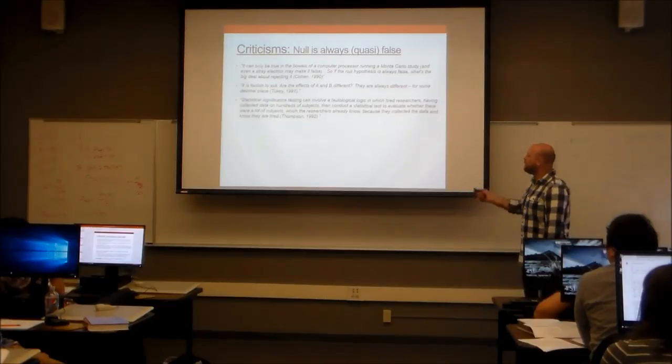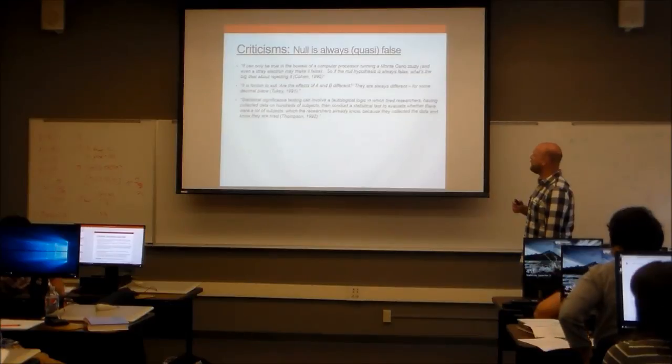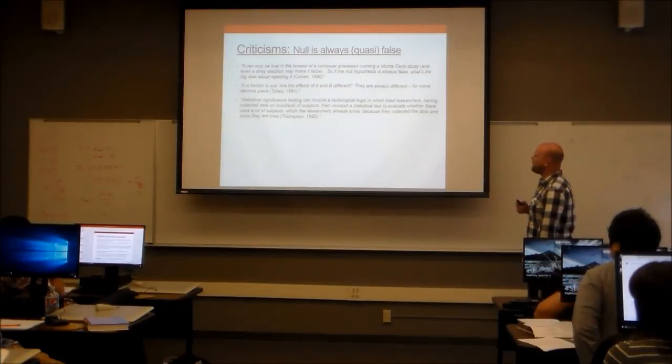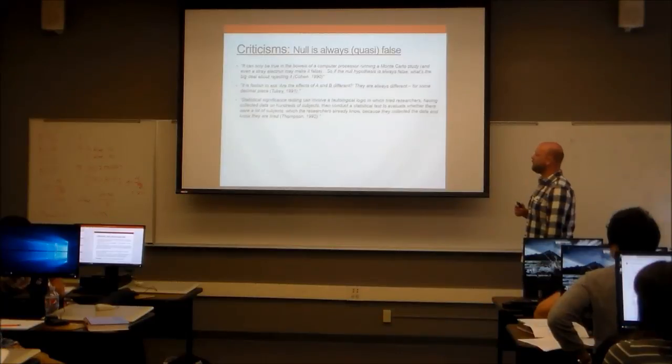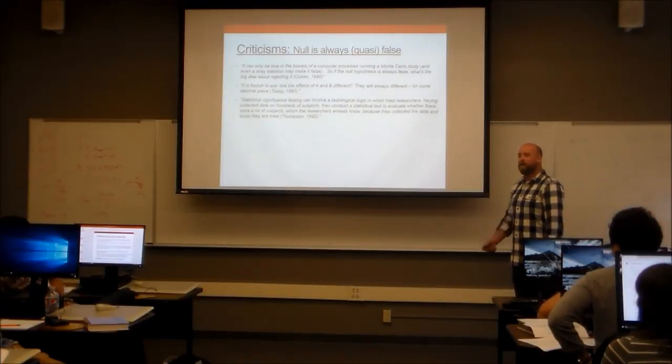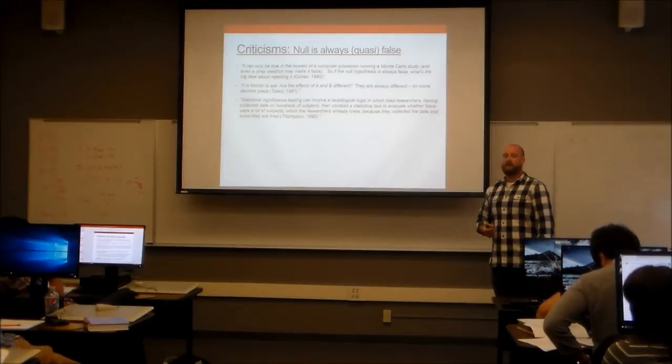Statistical, this is one of my favorites. Statistical significance testing can involve tautological logic in which researchers, having collected data on hundreds of subjects, then conduct a statistical test to evaluate whether there are a lot of subjects, which the researcher already knows because they collected the data. Going back to this example, with 25 individuals, we said, nope, there's no effect.